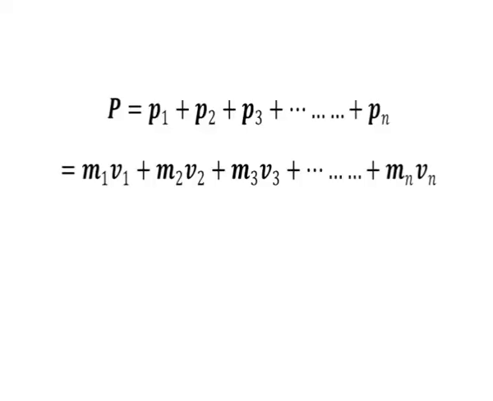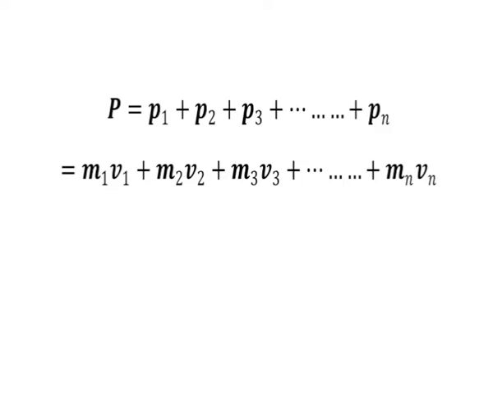The system as a whole has a total linear momentum which is defined to be the vector sum of the individual particles' linear momenta. Thus, P = p1 + p2 + p3 + and so on up to pn, which equals m1 v1 + m2 v2 + m3 v3 + and so on up to mn vn.